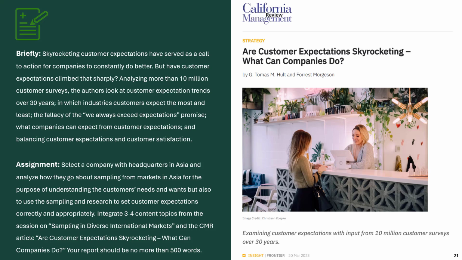Integrate the 3 to 4 content topics from the session that we just did on sampling in diverse international markets and the CMR article that we titled Are Customer Expectations Skyrocketing? What can companies do? As always, target somewhere in the vicinity of 500 words, but we have flexibility on that. Just sort of do the assignment with the number of words that you think it takes, more or less.